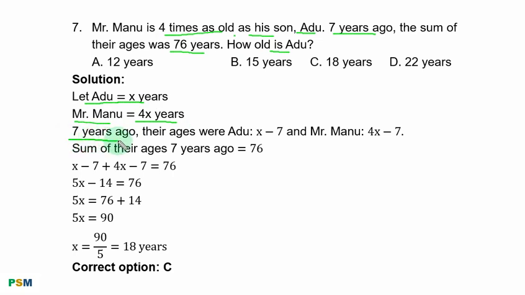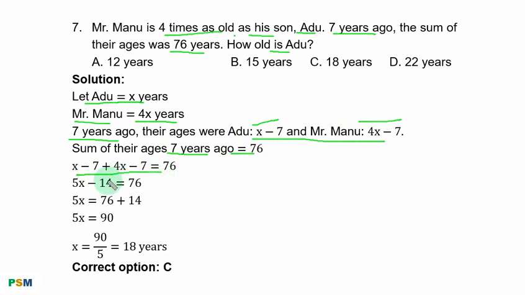7 years ago, their ages were, you subtract 7 from their respective ages, and you have this result. Sum of their ages 7 years ago is equal to 76. So you add this to this and you equate it to 76.